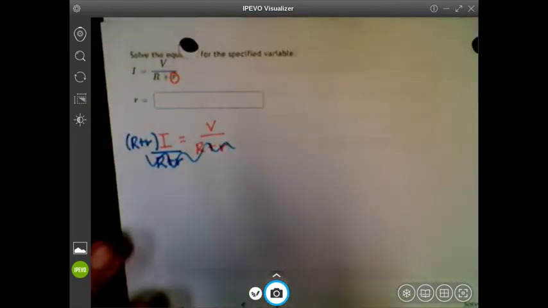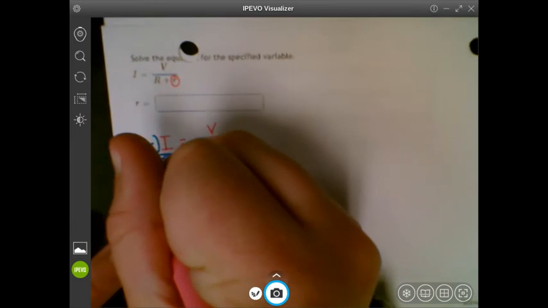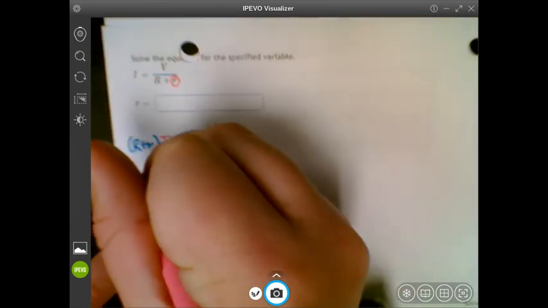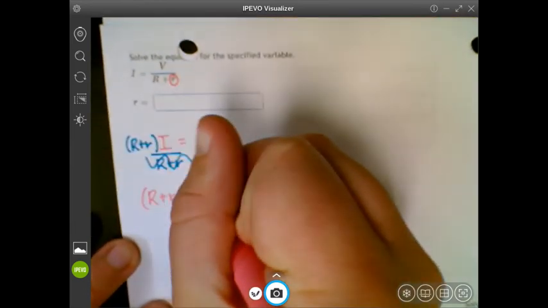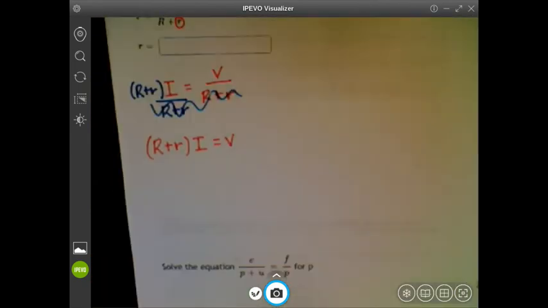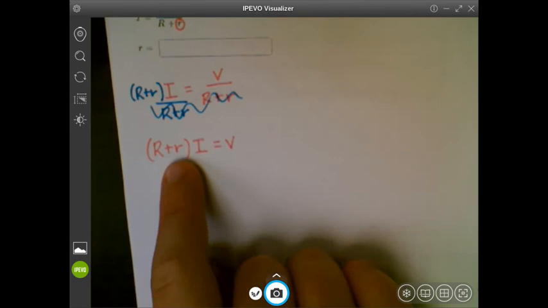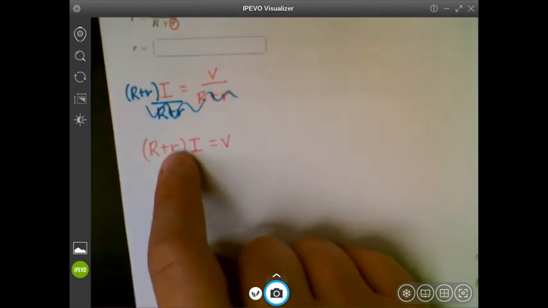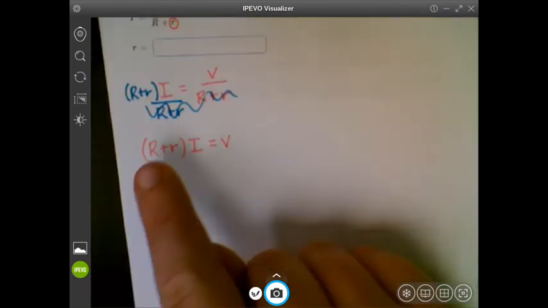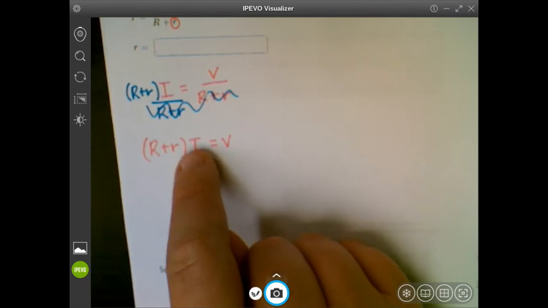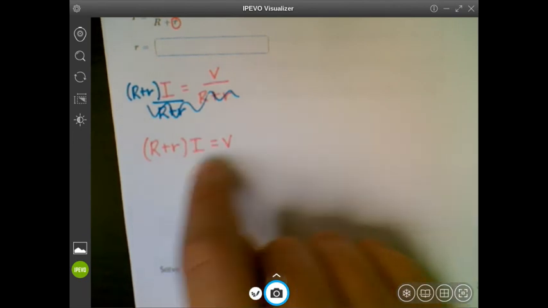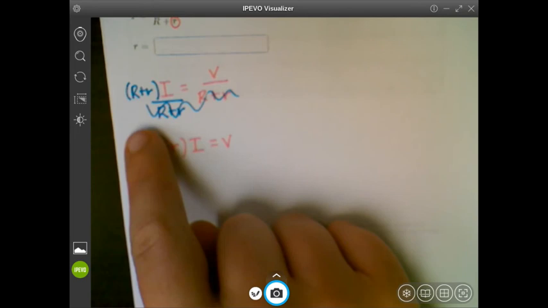So we're going to have capital R plus little r times capital I equals capital V. And then there's actually two ways to solve for little r. The first thing you could do is distribute the capital I, or you could recognize, hey, I just need to get the I over to the other side, and it's currently being multiplied.